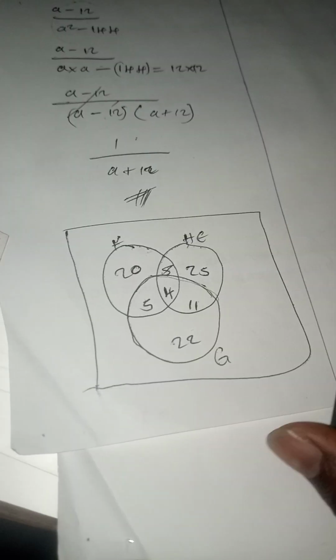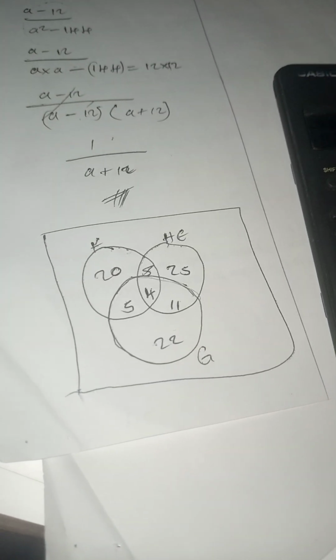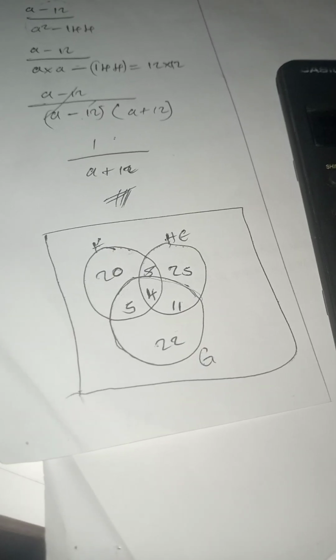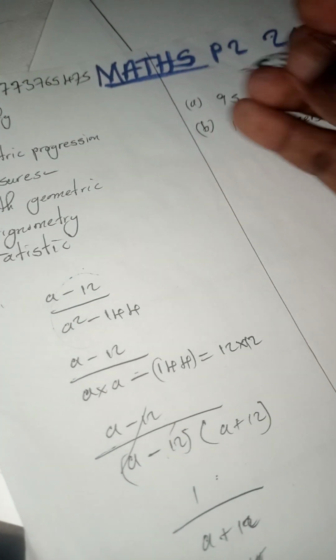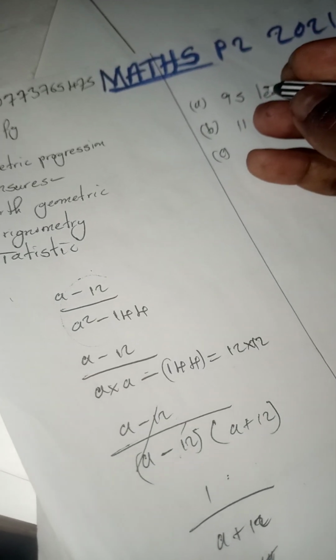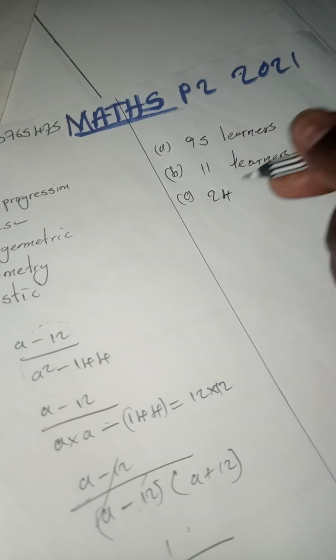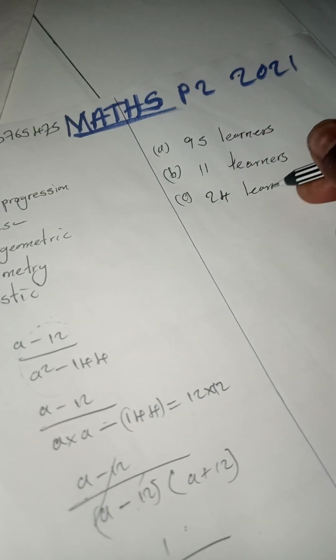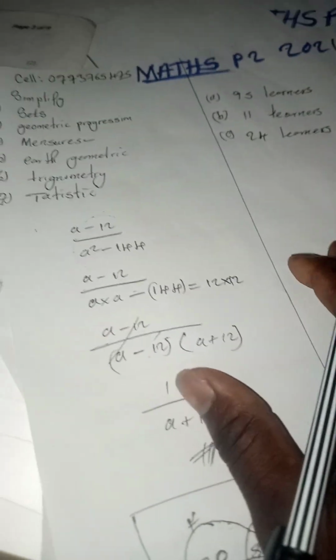It's going to give us 11 plus 5 plus 8 is going to give us 24. So for C, those that do the two optional subjects, there are 24 learners.